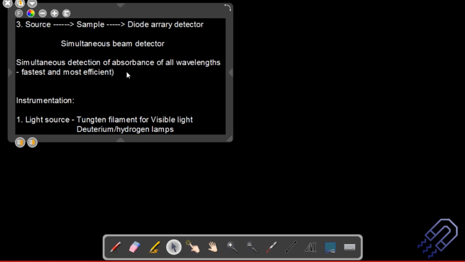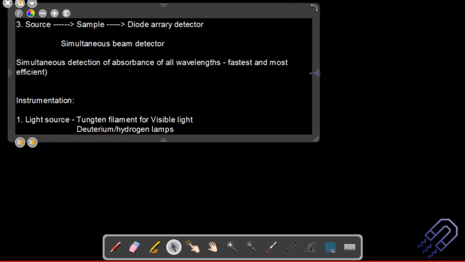This tungsten filament that we are talking about, which is the visible light, will be ranging in nanometers. Depending on how much temperature it has, it will give you the visible range.